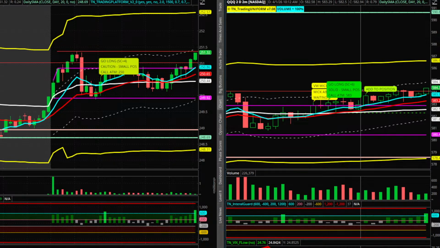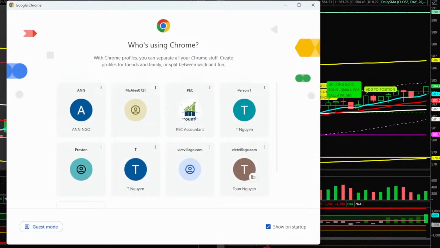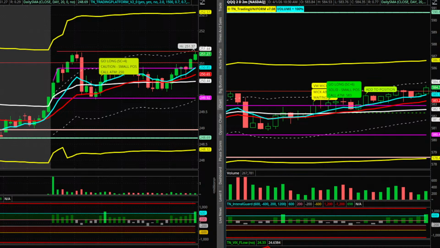QQQ is still below the 20 days moving average. Oh shoot. What the heck?